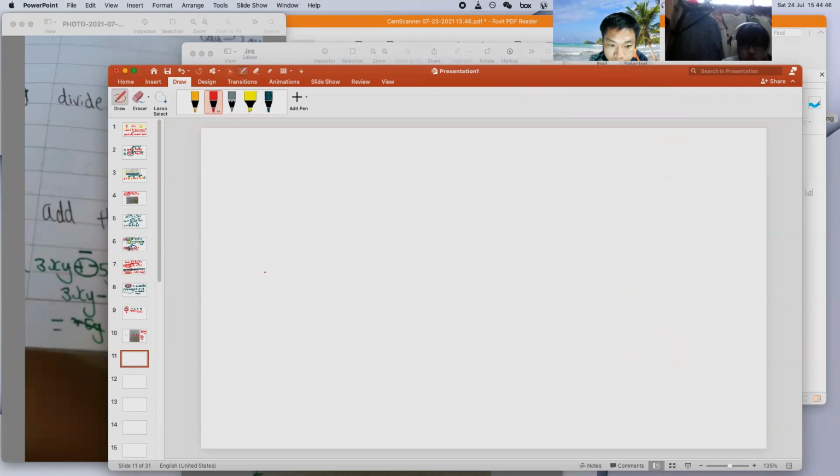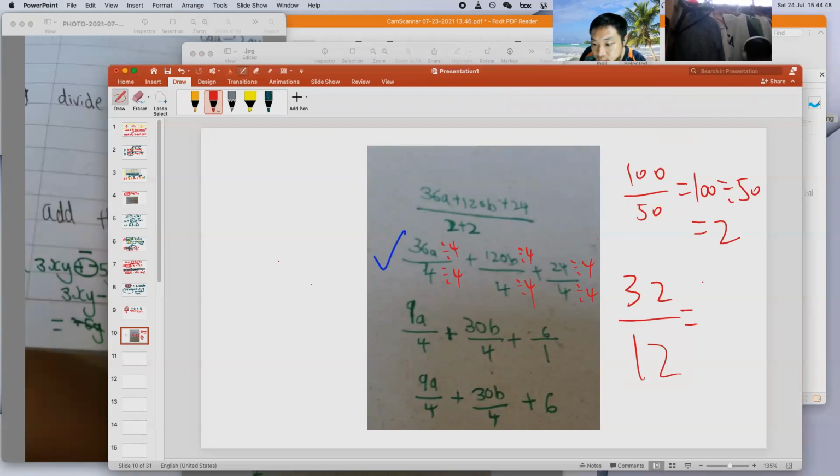You take 32, and then you can divide by 2. So if you divide by 2 on top, you get 16. Divide by 2 below. Divide by 2 below. So you get this, right?